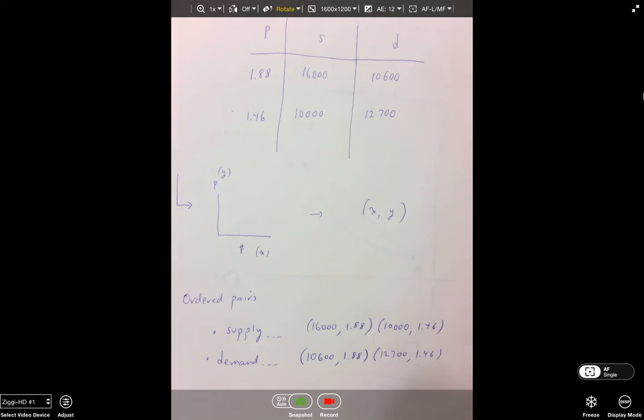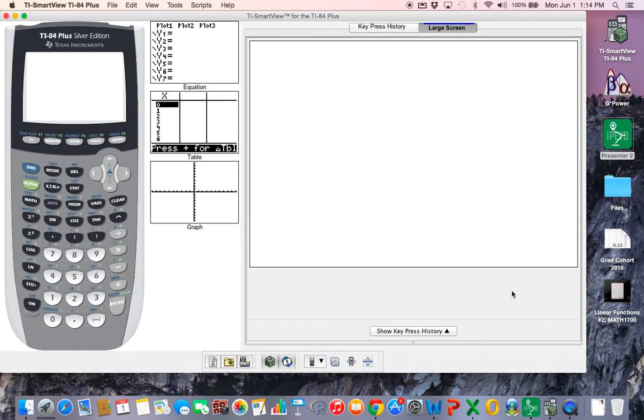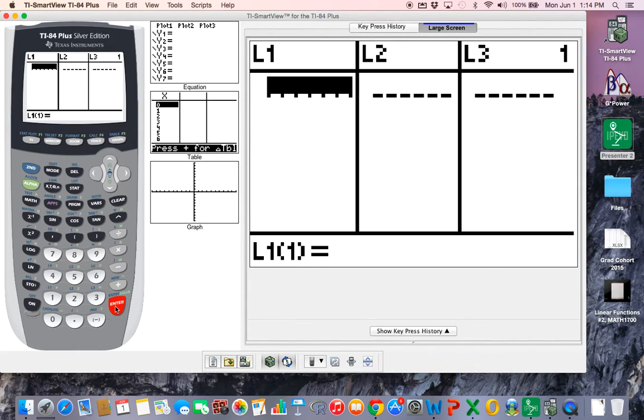Okay, so once we get that done, the things I've shown you on the calculator in terms of finding the linear functions should be very easy. I've got this downloaded on my computer, and I'm going to use a slightly different approach and bring this up. The cool thing about this is the keystrokes are simpler. If I go to Stat and just hit Enter, I have L1 and L2. The first thing I want to do is this for the supply.